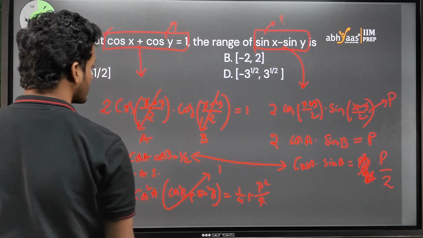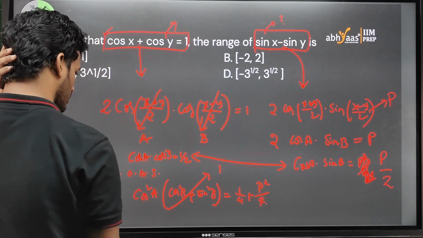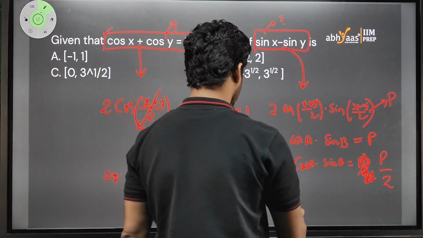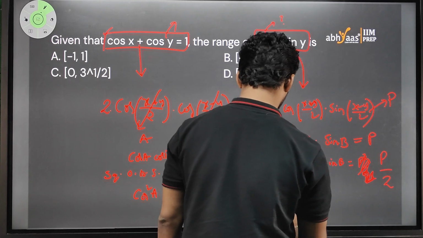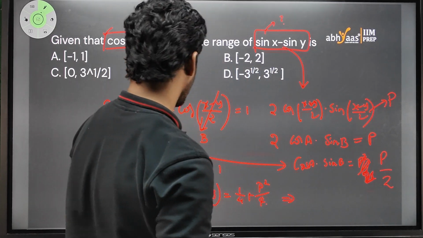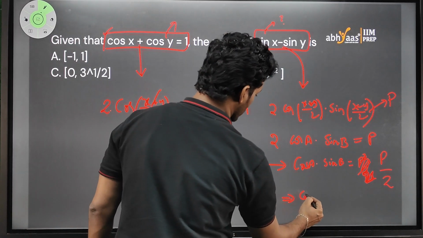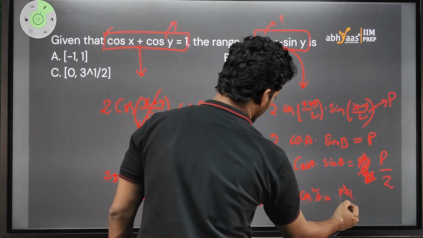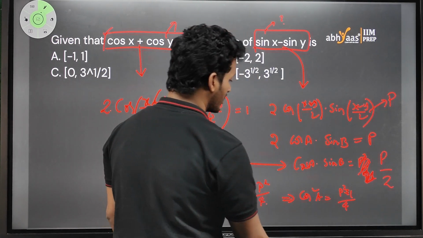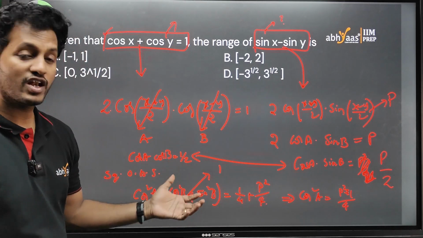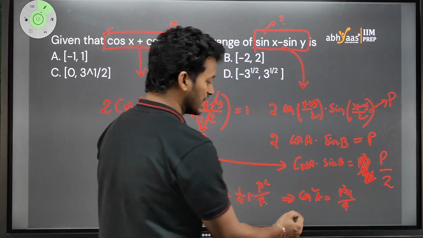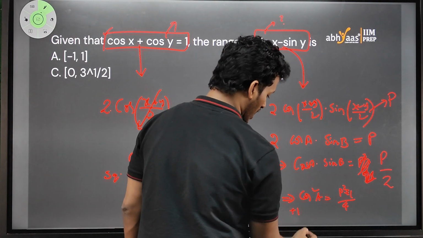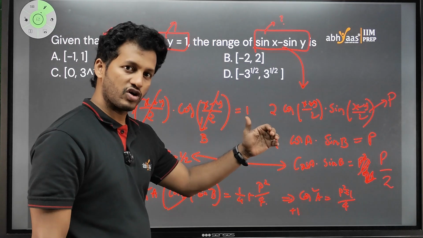So the cos square a is equal to p square plus 1 by 4. But what is the maximum value of cos square a? The maximum value of cos square a is plus 1.